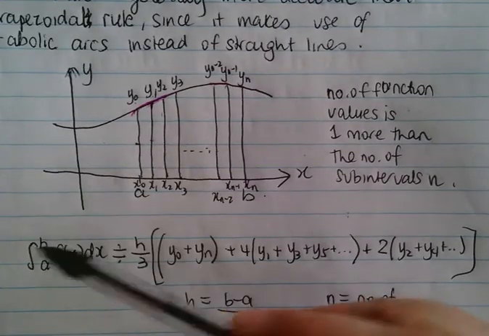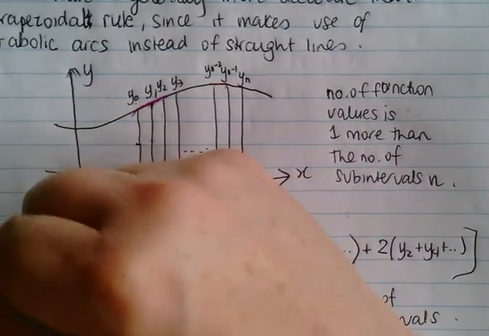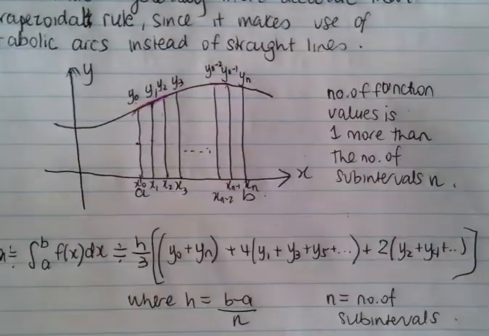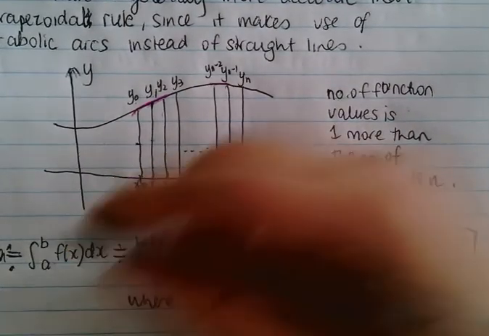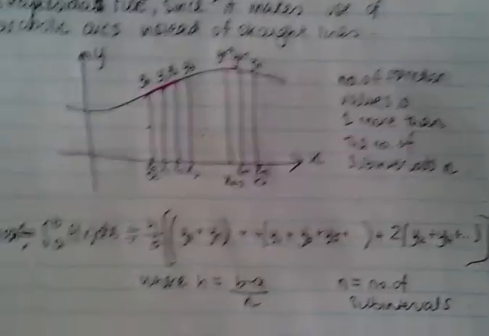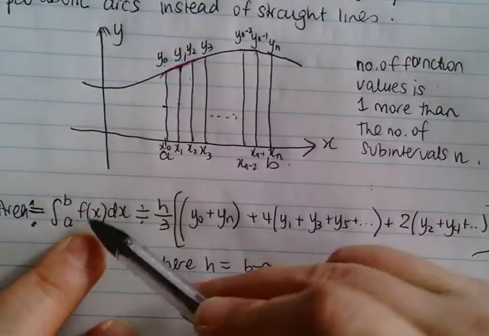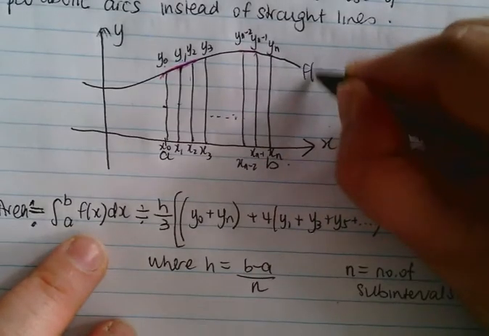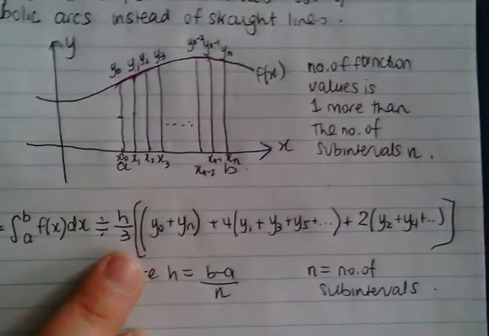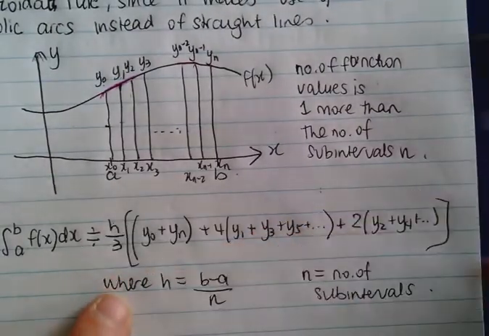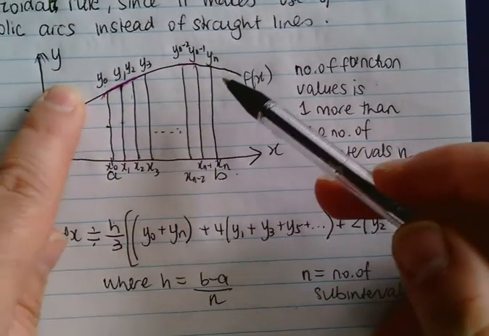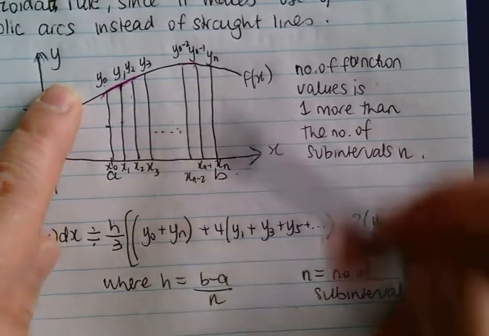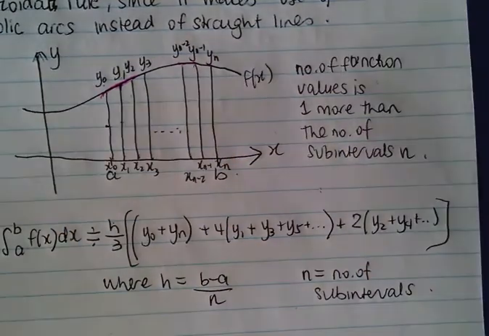So the integral, basically the area under the curve, is equal to the integral between a and b of the function of x, dx. Now, the approximation is h on 3 times y0 plus yn. Notice it's the same as the trapezoidal rule in that the first value and the last value aren't multiplied by 2 or any other number.